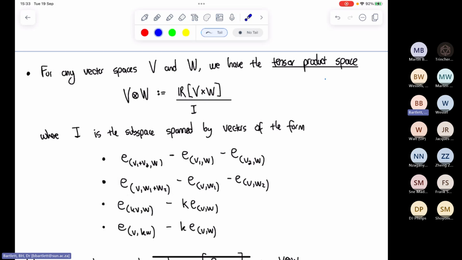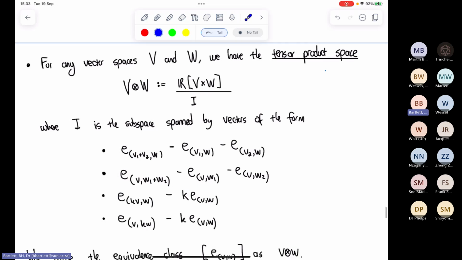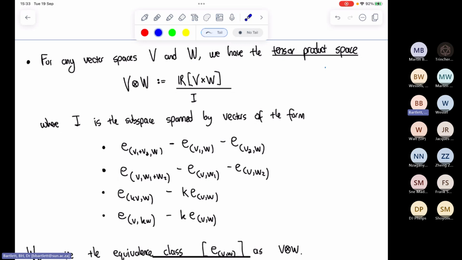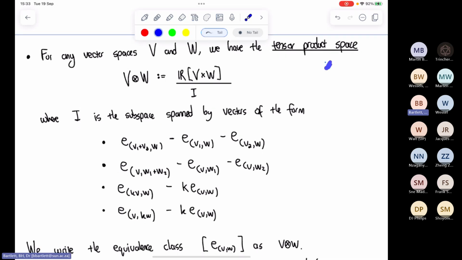It has a certain universal property which is important, but I don't need that right now, so you should look this up. But I wonder how many of you have seen the concept of the tensor product of vector spaces. Brian, you've seen it. Audrey? In physics terms, that's good enough.